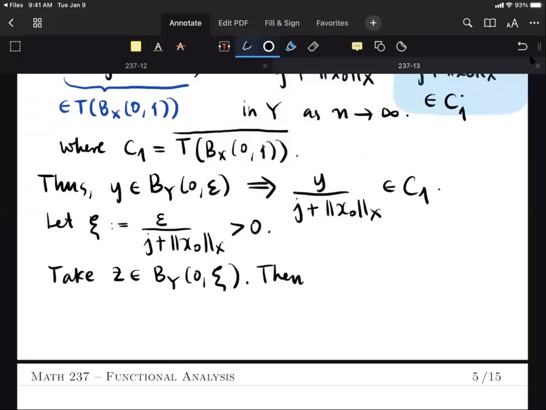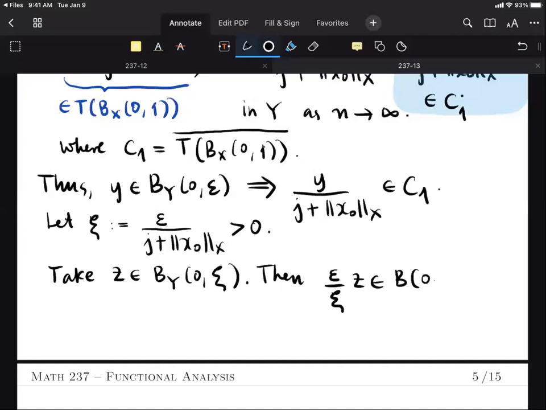Then if I scale this so that I have this open ball, what we do is multiply by epsilon and divide by xi. So we end with the following.